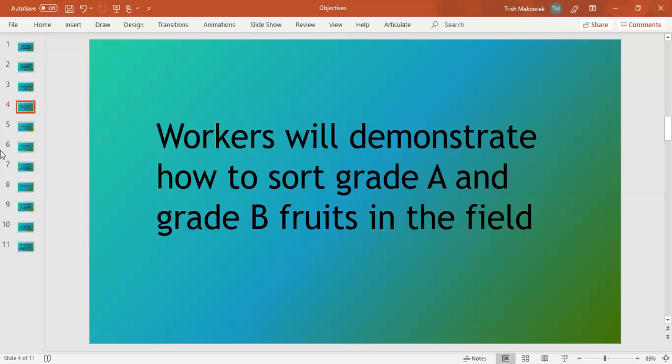Mm-hmm. So when we talk about Bloom's, the bigger overall arching objective might have several objectives that scaffold. So maybe the one previous to this was, you know, workers will identify the difference between grade A and grade B, or define the difference, or whatever it happens to be.